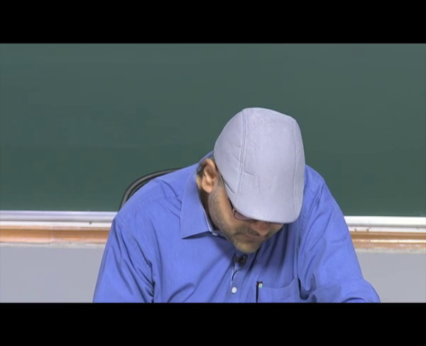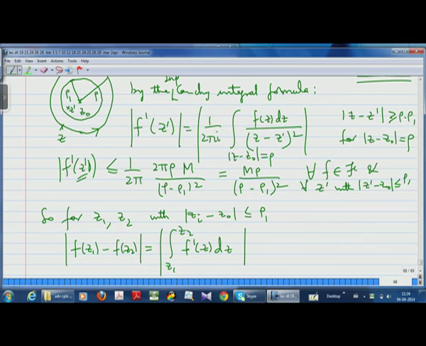If I take that straight line segment path, then what will happen is that if I put a mod to this, I will get this is less than or equal to mod f dash of z, which is now I have got a bound for that. And mind you, this z is lying on the path of integration, and therefore it is inside this smaller closed disk, so this bound applies.